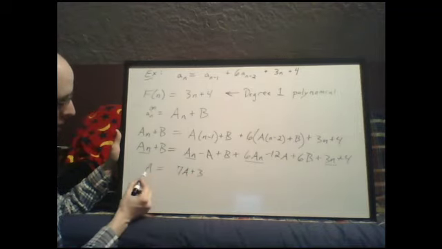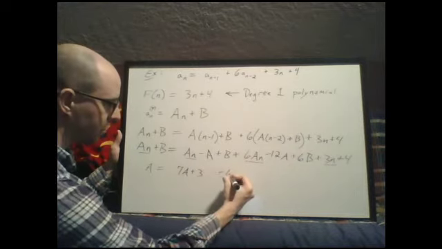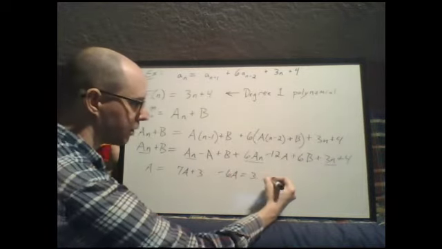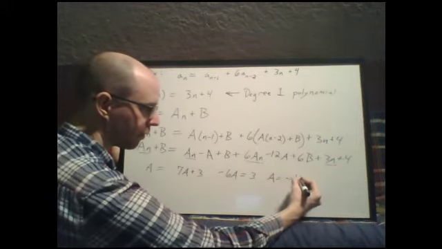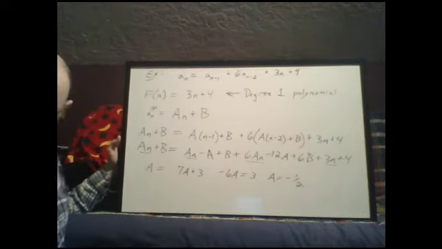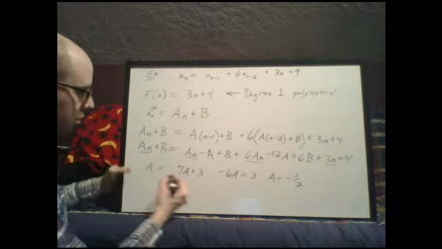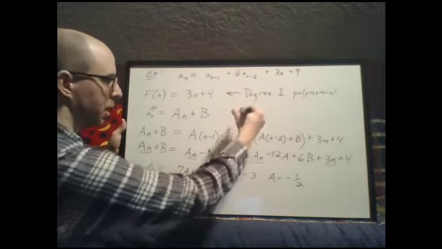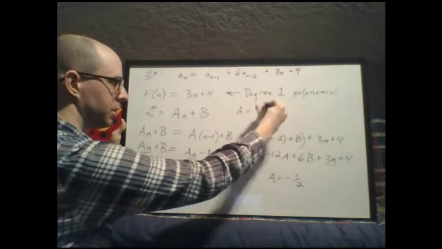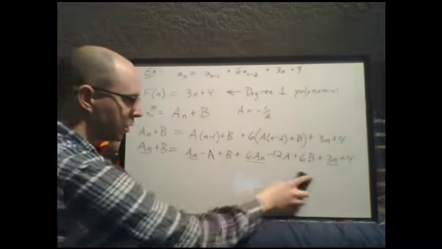Then we can solve that equation for A. Negative 6A equals 3, so A equals negative 1/2. Let me preserve what A is here. A is negative 1/2. Now I need to know what B is.